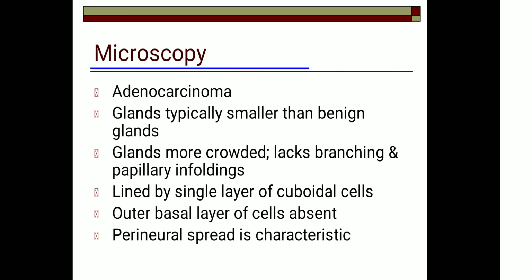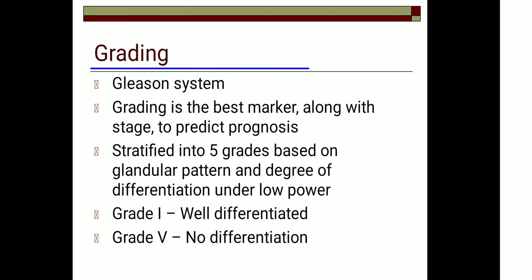This Gleason scoring system divides the prostatic carcinoma into different grades, into 5 grades, based on the glandular pattern as well as the degree of differentiation under the lower power. So that is important. The subtyping is based on the glandular pattern and degree of differentiation under low power.